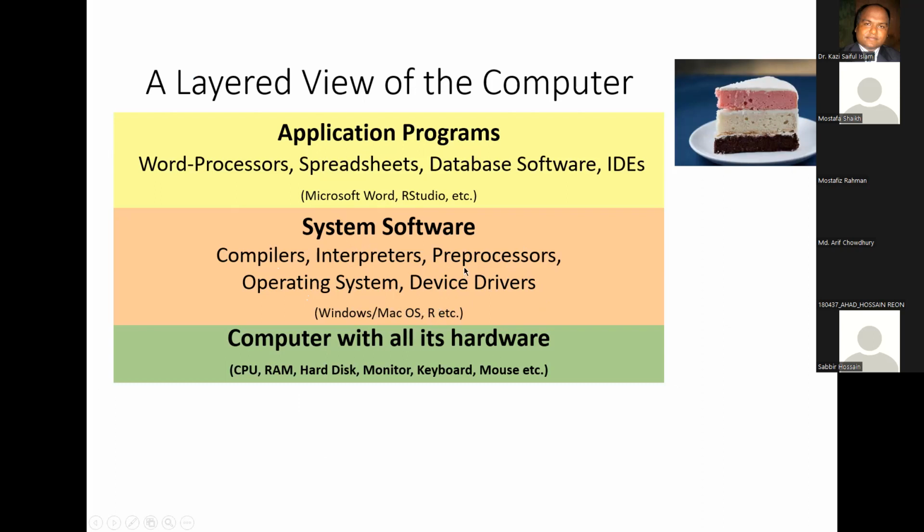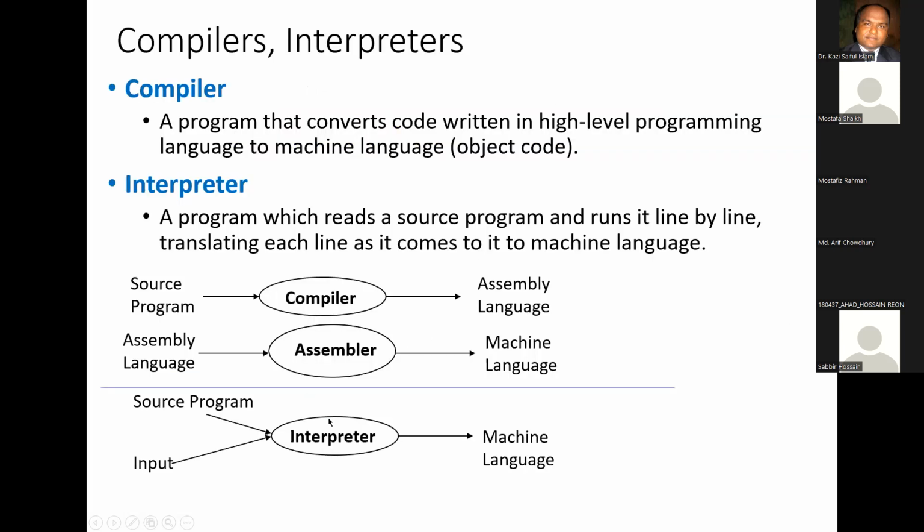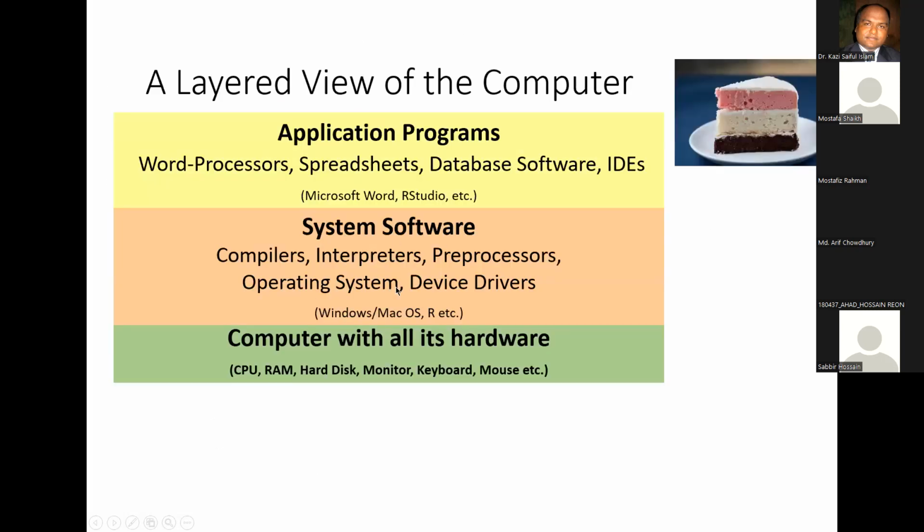We take the system software as our programming language and write code. You can say R is an interpreter. So when we install R, we are installing the R interpreter, and when you write code using RStudio, it is interpreted through R, and then it runs on the hardware.